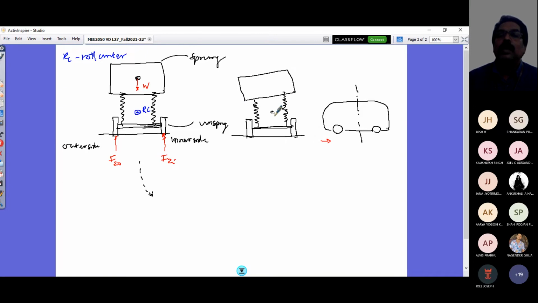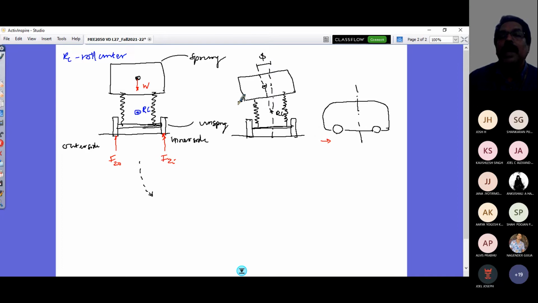So this is now initially, this is my vertical reference plane. And now with respect to this roll center, let us define what is roll center. This would have gone here. The CG initially located here would have gone here now. And this angle is the roll angle, phi.